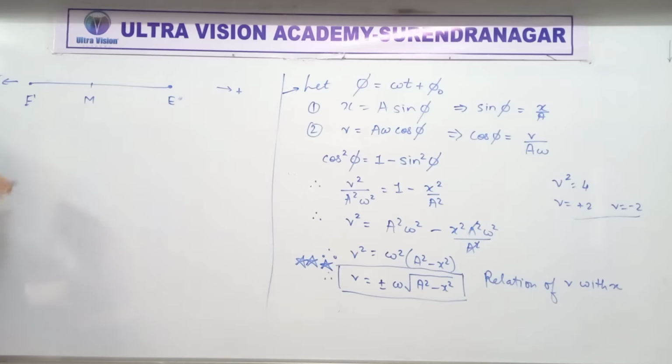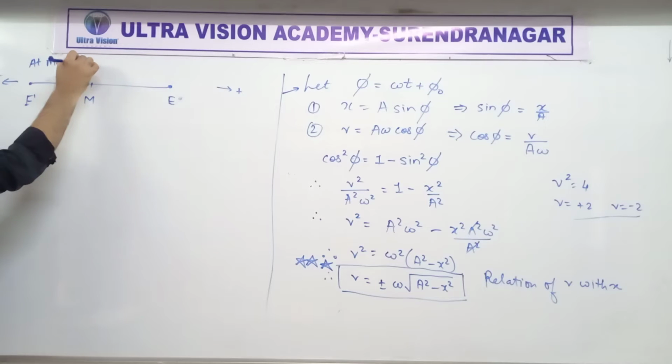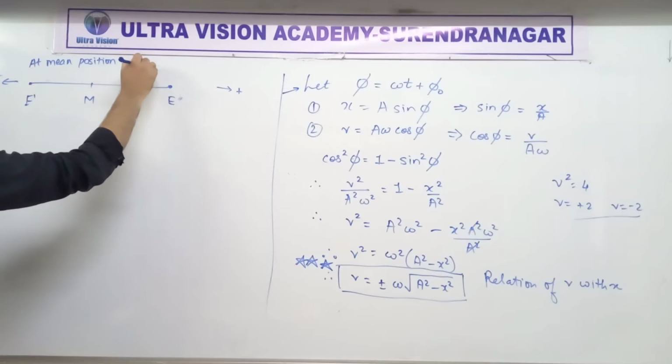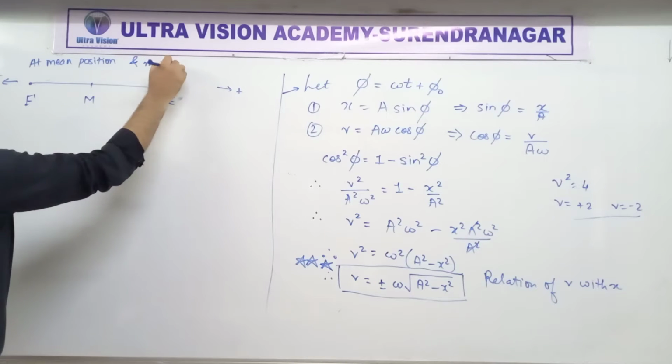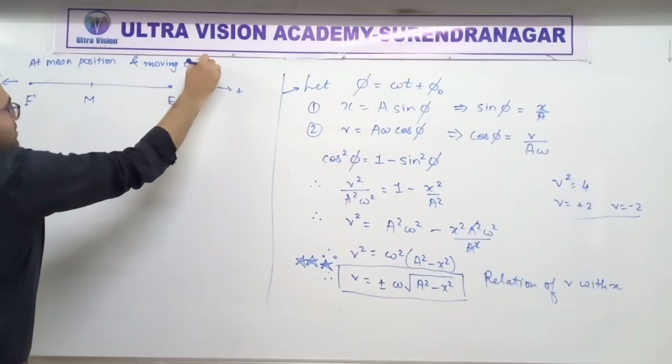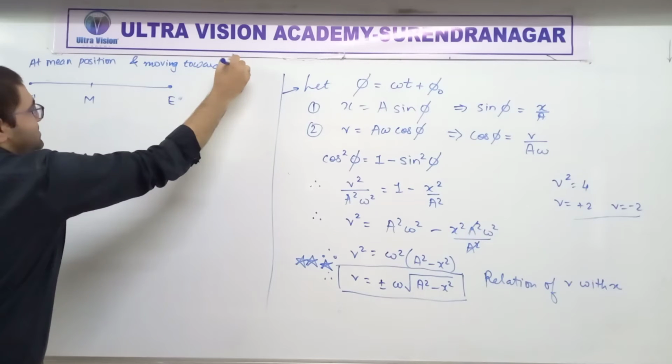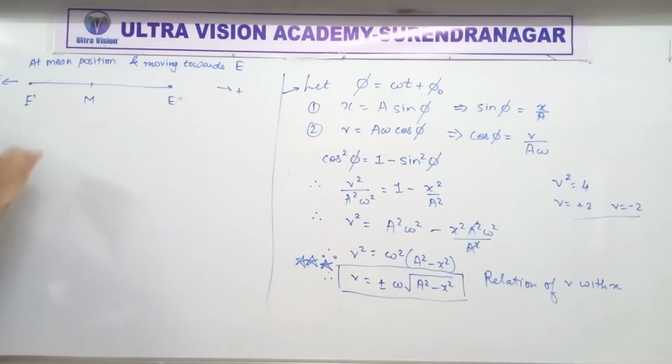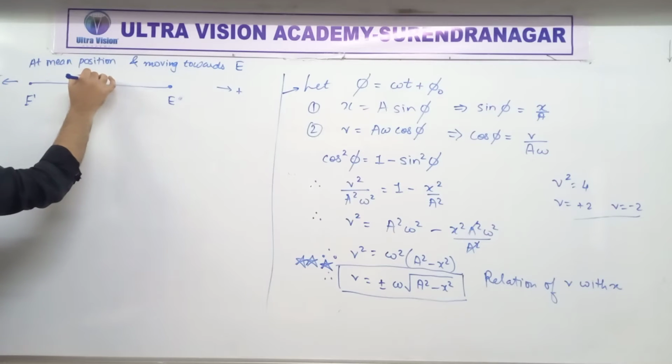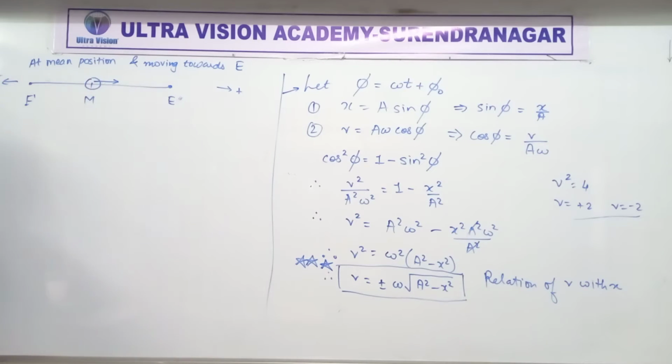If the particle is at mean position and moving towards right side, that is towards E, suppose the particle is here and it is moving towards right side, that's towards E.